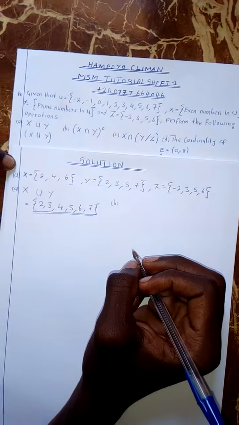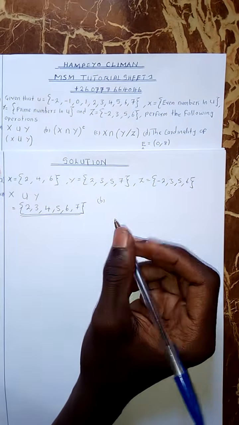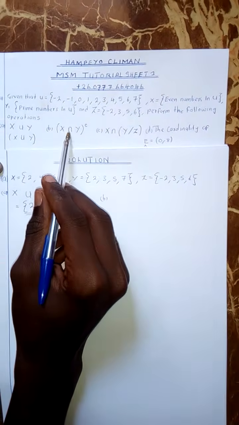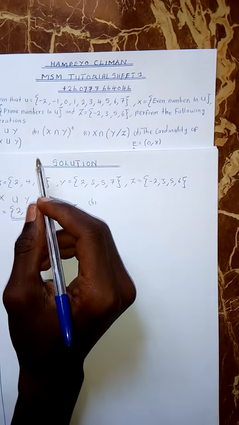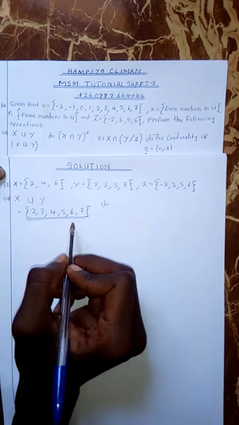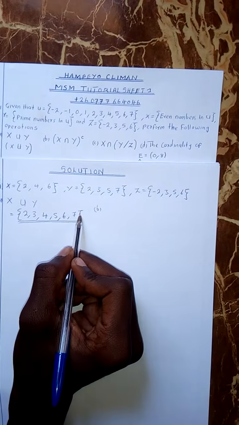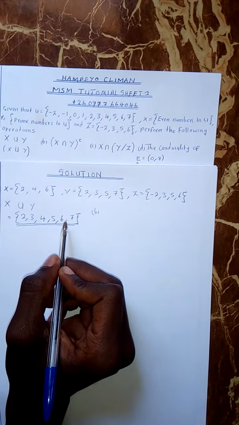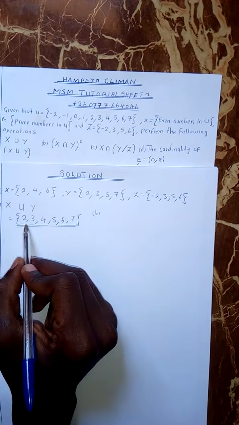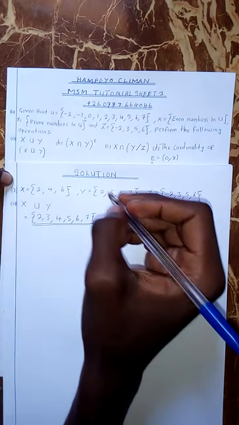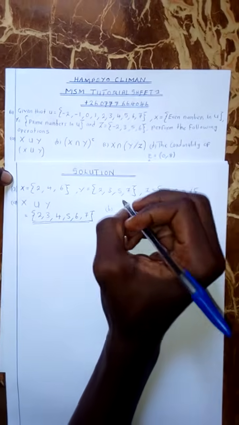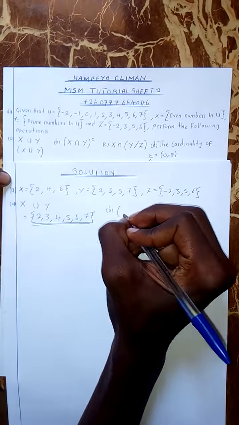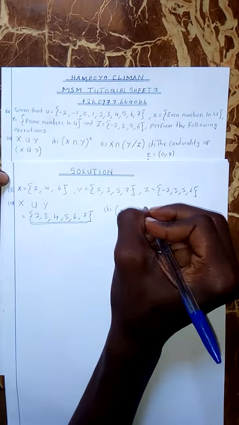They are saying X intersection Y, then complement. So what they just want us to do here, we are going to find whatever we have found here, then we are going to remove these values and consider whatever is going to remain. So we say X intersection Y complement.